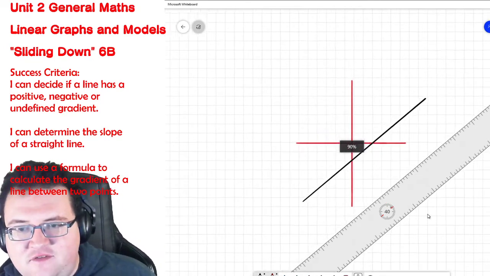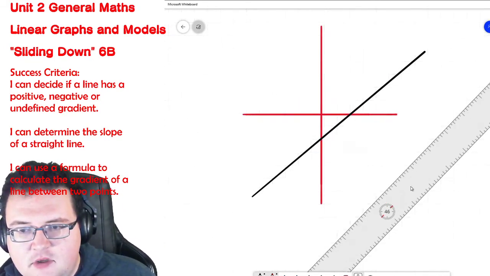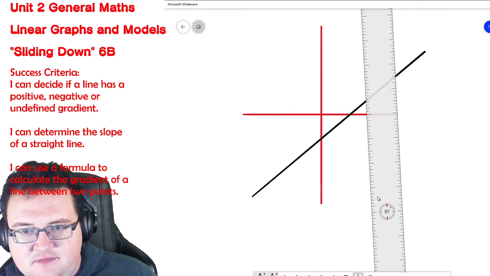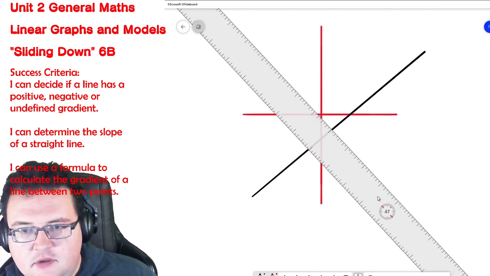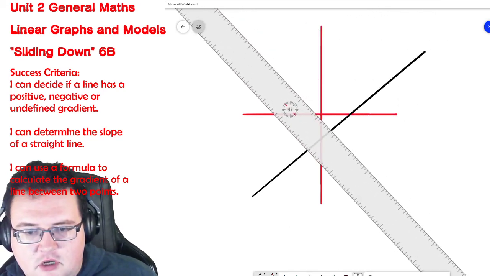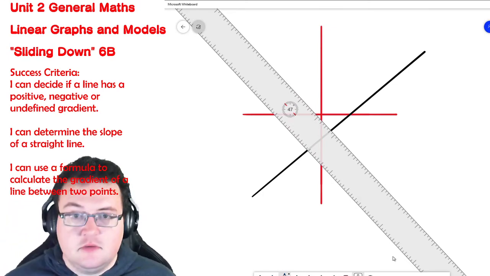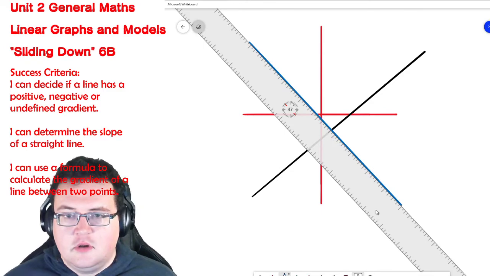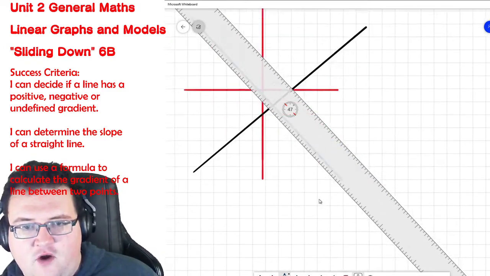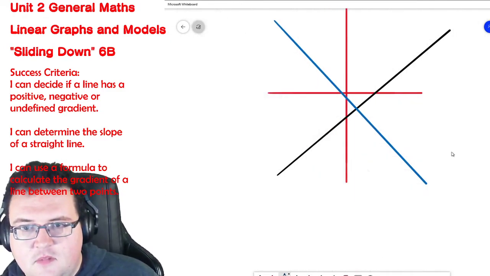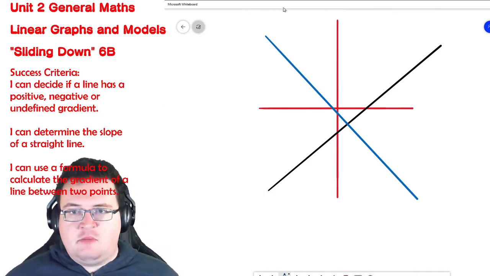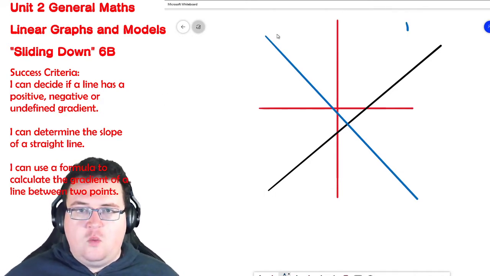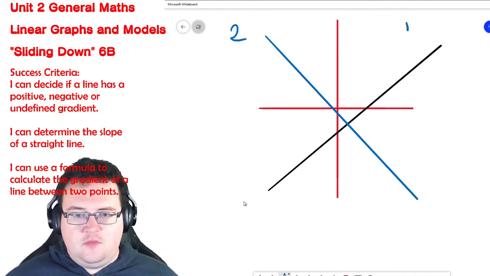A negative gradient line does the opposite. So I'll change colors for it. And that's a negative gradient line. Because remember, these are our quadrants: 1, 2, 3, 4.